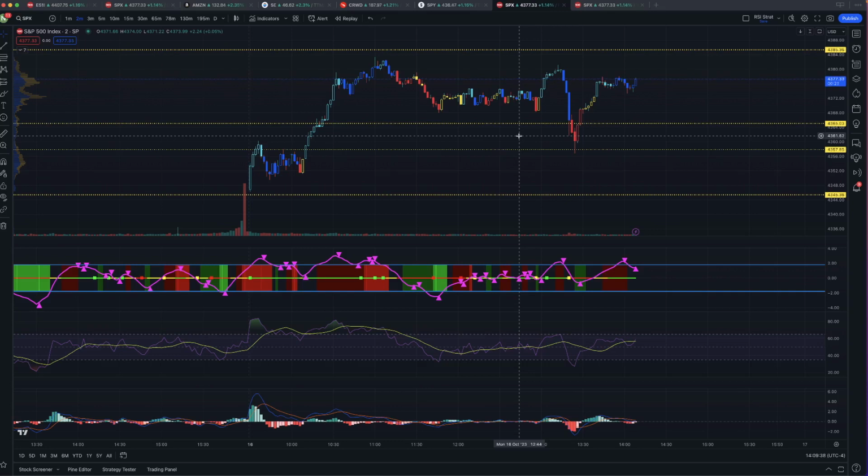But really, we close these out fairly quick. So this is more of a 5-minute long trade, sometimes a little bit longer than that, sometimes quicker. But you can get a little bit more bang for your buck on the SPX.